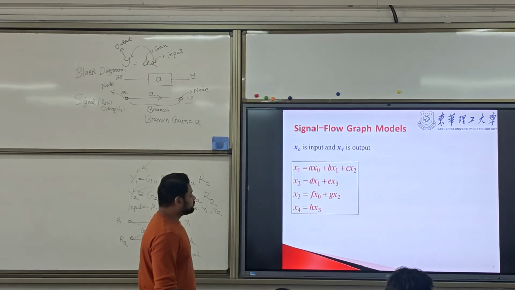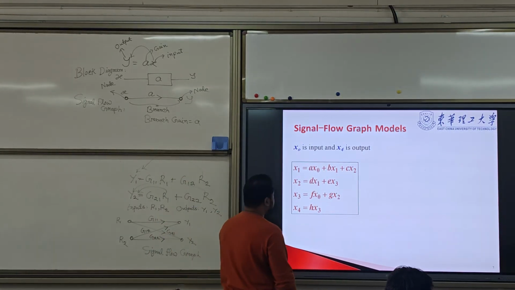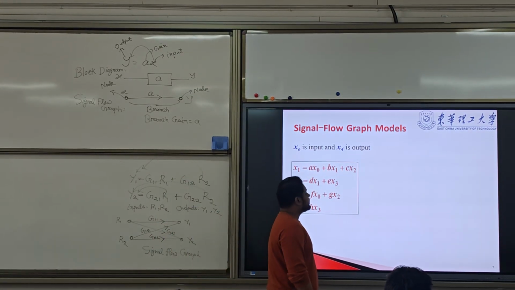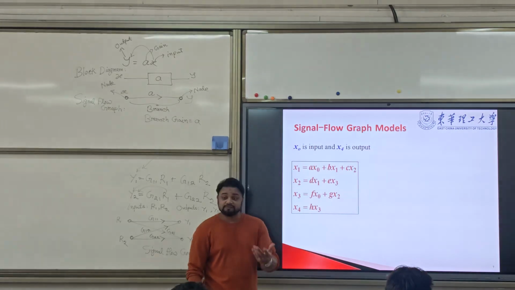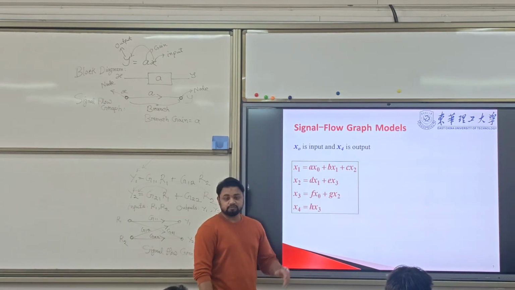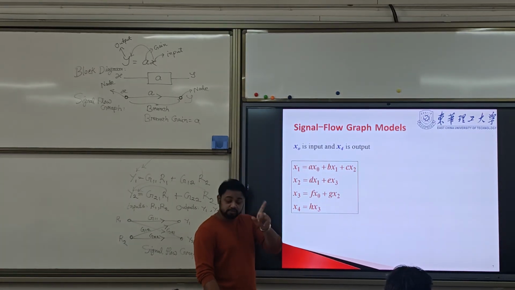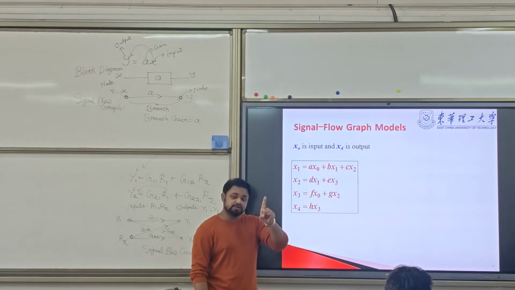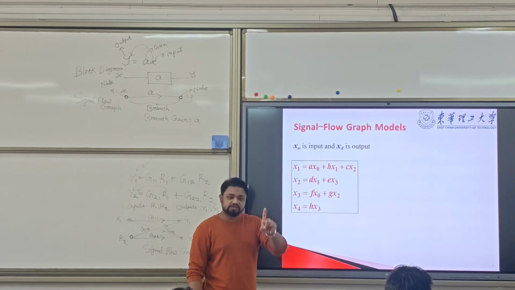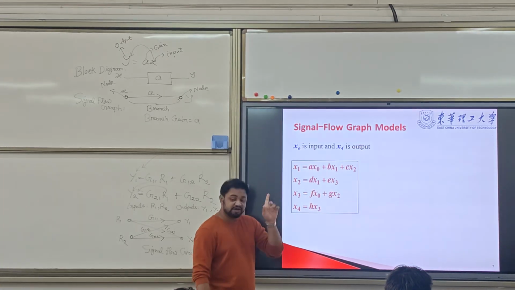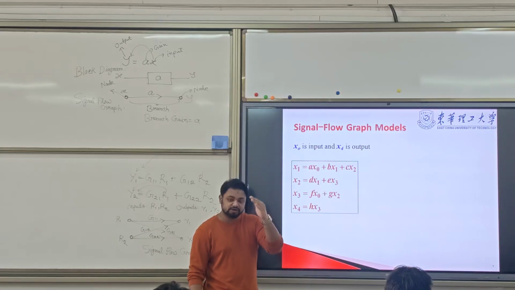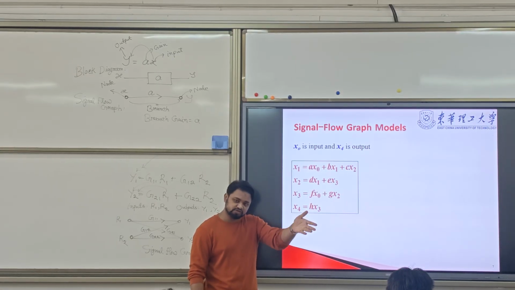Alright, now let's do another one here. We have another set of equations. Before we had 2 equations, now we have 4 equations. In each equation we have input and output, so you first need to define the input and output for each equation.